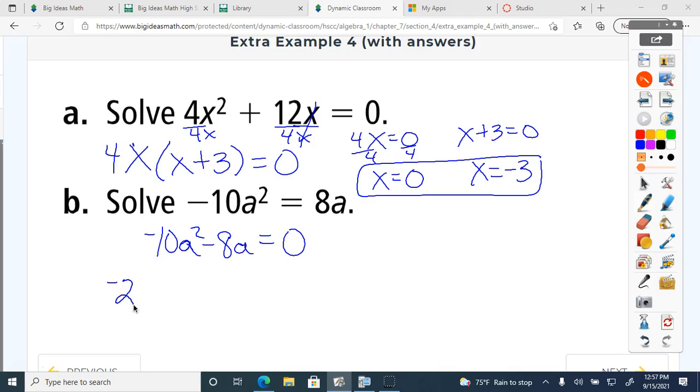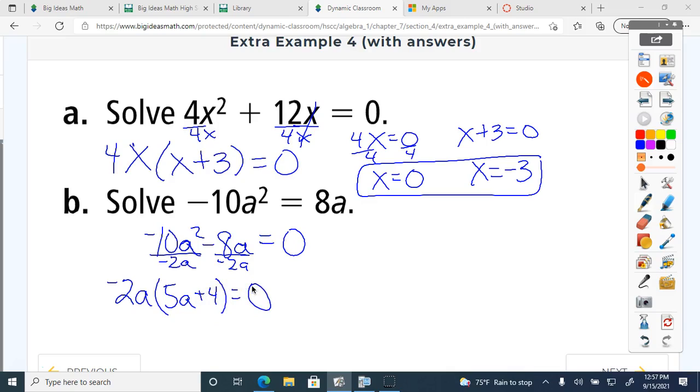Does it matter? No, it doesn't. But I like getting rid of the negative. Do they both have an a? Yes. What's the smallest one? Just a. So divide by negative 2a, divide by negative 2a. We're going to get 5a plus 4 equals 0.